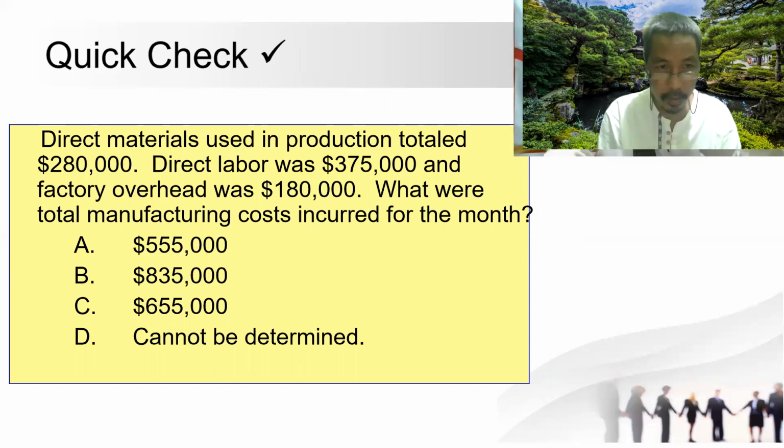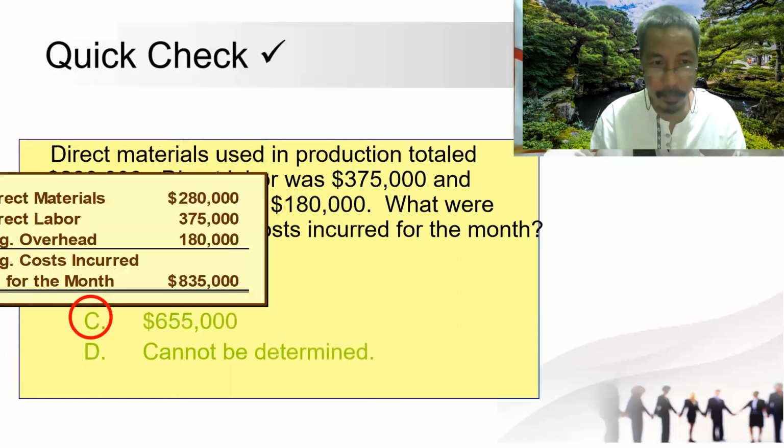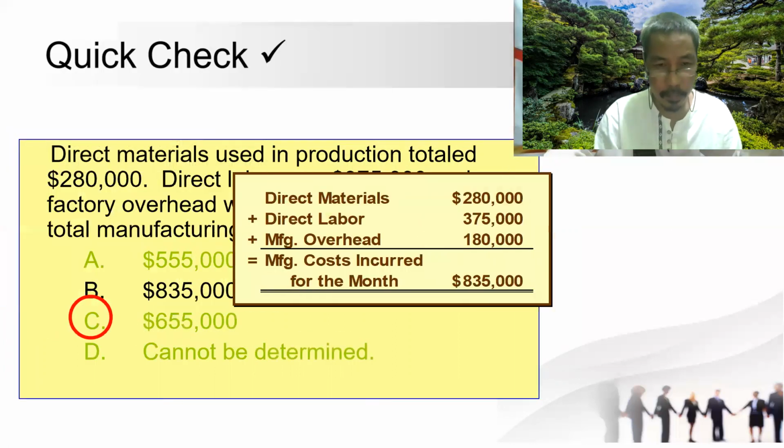What will be the total manufacturing cost incurred for the month? So 835. So I think that's letter B. So 835 is the correct answer. It's not letter C. That is wrong.